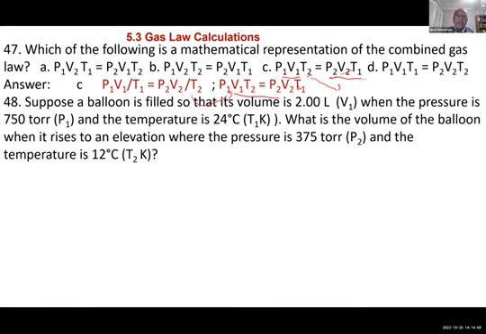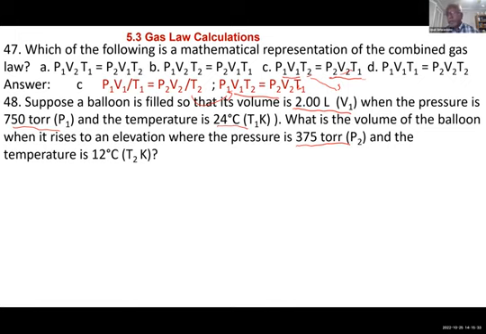Now, if you have a balloon that is 2 liters, V1 is that. When the pressure is P1, the Celsius temperature is 24. What is the volume of the balloon when it rises to an elevation with pressure P2? Now you have to, and the temperature. There's a T1 and T2, both need to be converted to Kelvin.